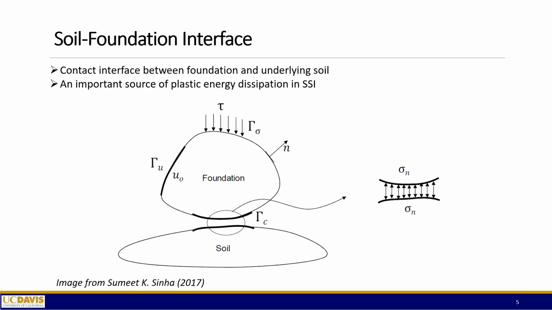And there can also be frictional slipping between the foundation and the soil in the shear direction. So those are the main reasons why it's a very important source of plastic energy dissipation. This behavior not only changes the energy dissipation in the system, but also controls the overall response of your system. So it's a very important component that we should carefully model.